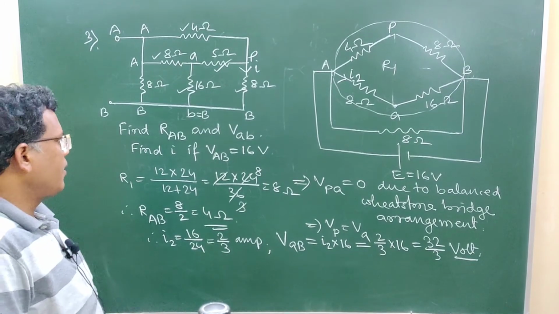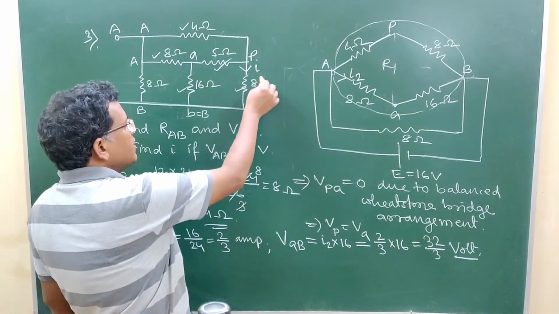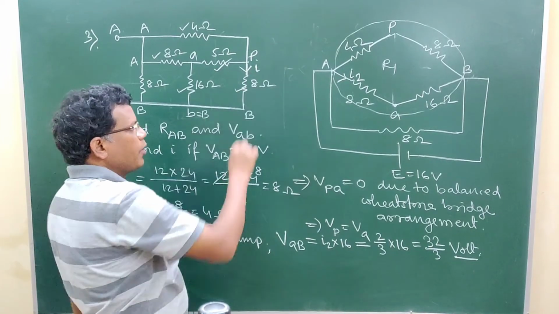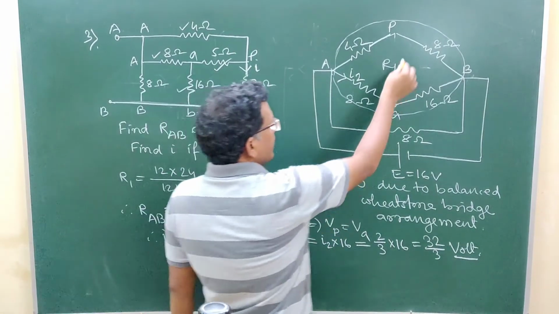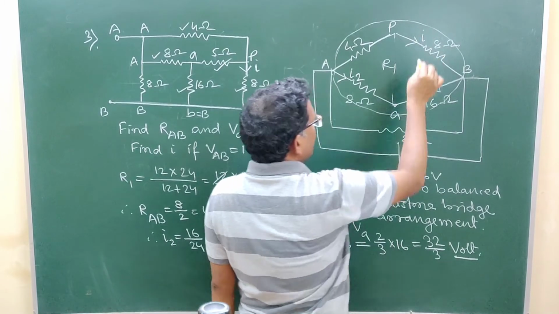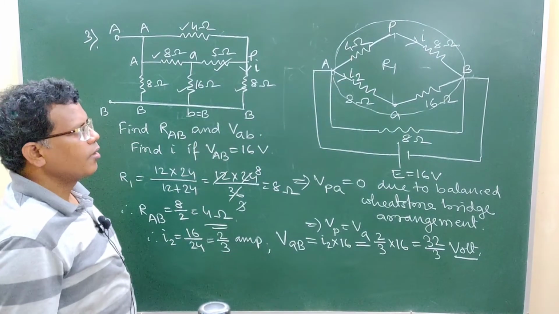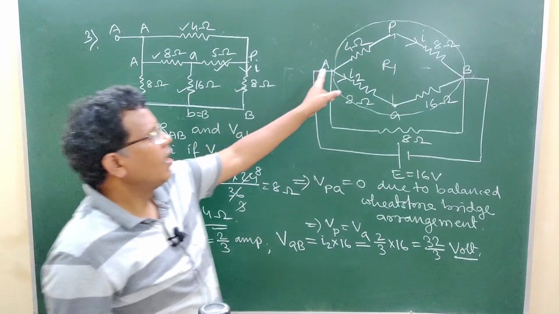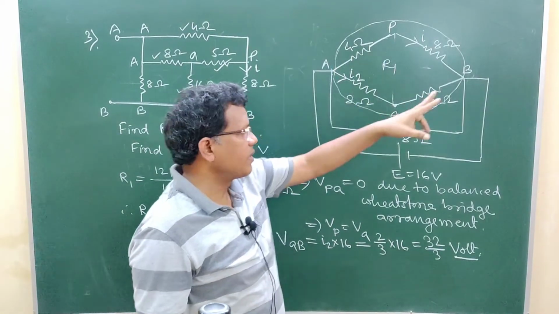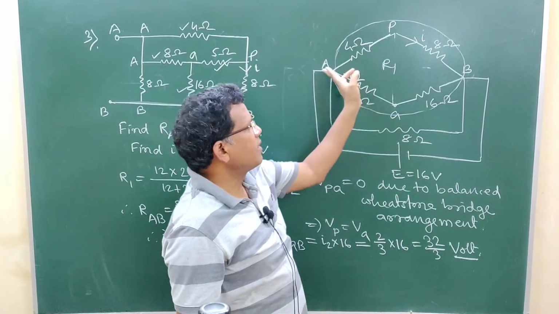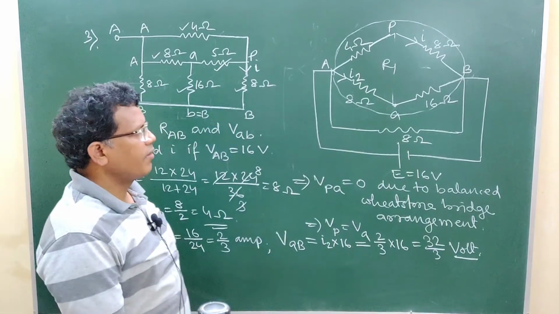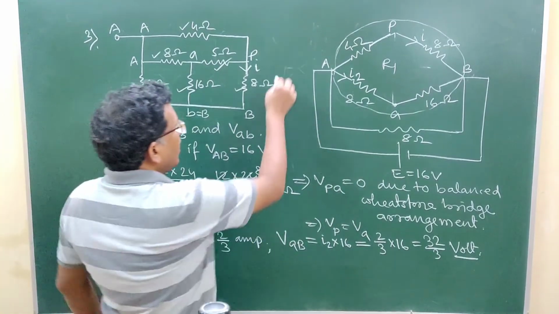And the third part we had to know was simply the current I between P and B. So in this branch we had marked I. So again that branch current will be due to the R effective of that branch. In the above branch, that is the APB branch, R effective is just 12.